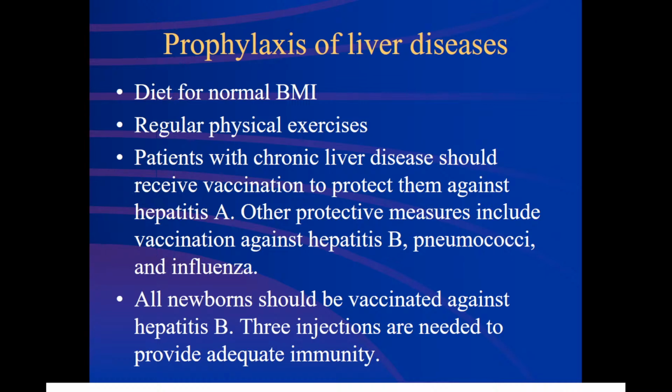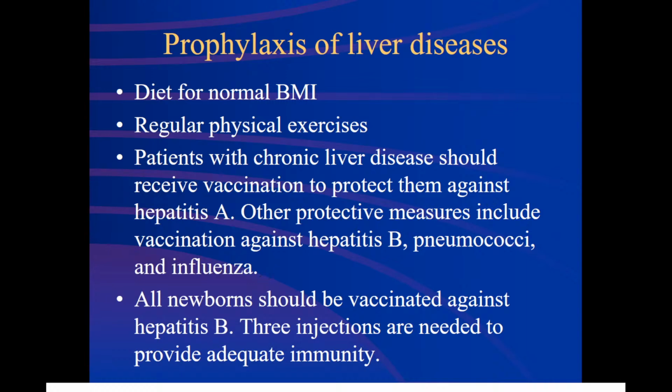What about prophylaxis of liver disease? The diet for normal BMI, regular physical exercise. Patients with chronic liver disease should receive vaccination to protect them against hepatitis A. Other protective measures include vaccination against hepatitis B, pneumococci, and influenza.